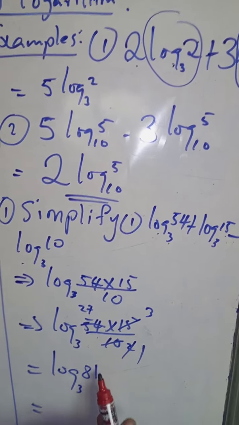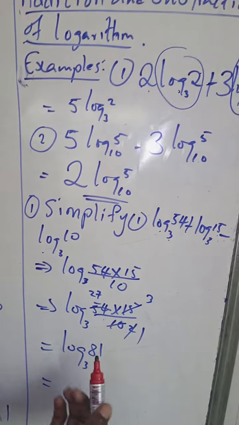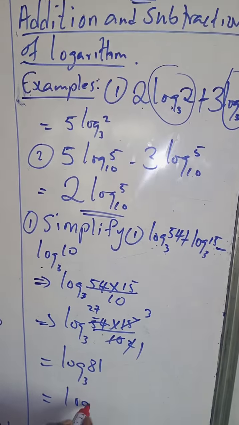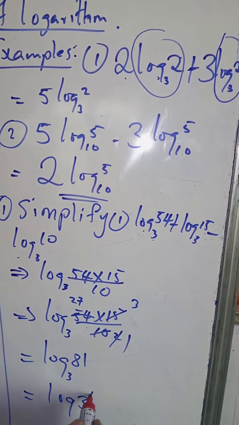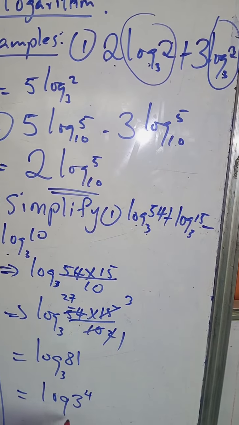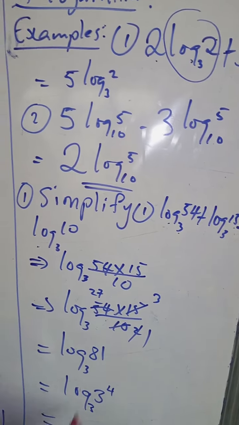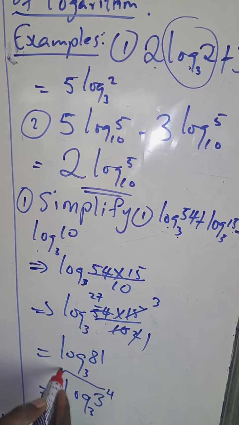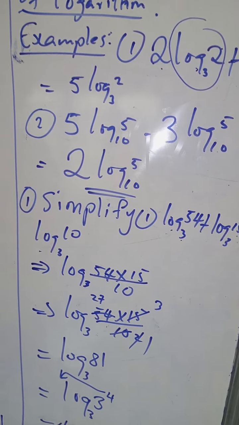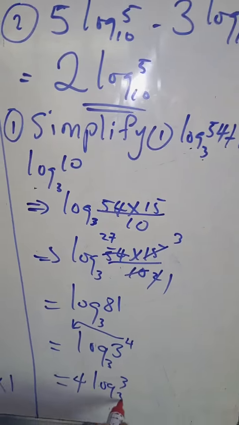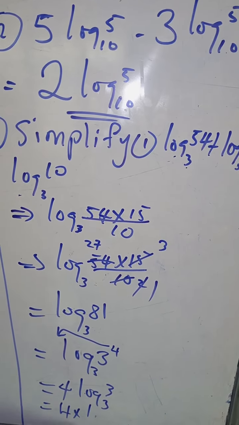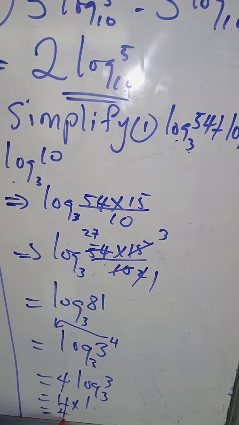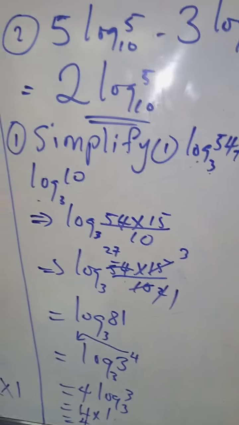Like I said, the student must have the ability to raise this to power. This is the same thing as 3 raised to power 4. So the base is still there. Like I said, the power will come to the front. That's 4 log 3 base 3, and that is 4 multiplied by 1, since the same base gives me 1. And finally, I will have 4 as my answer.